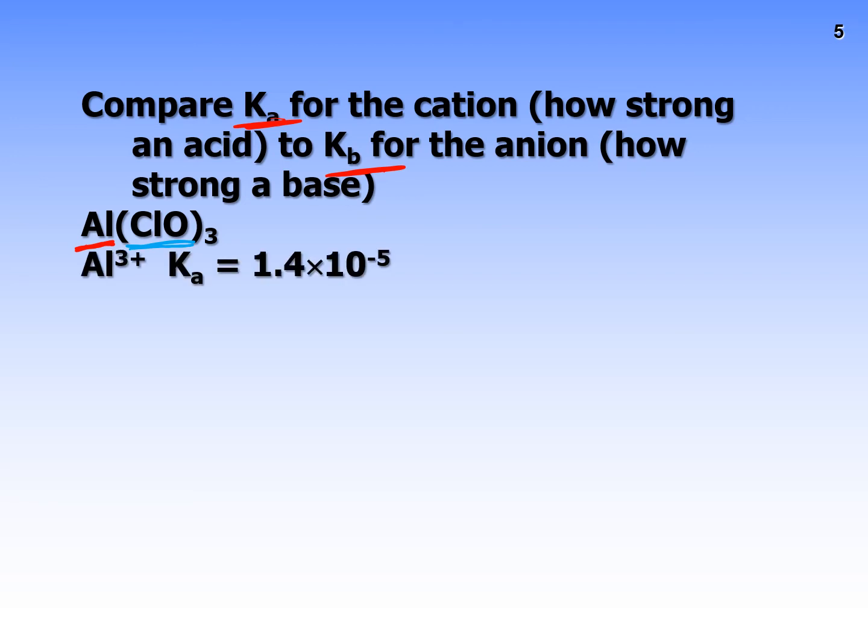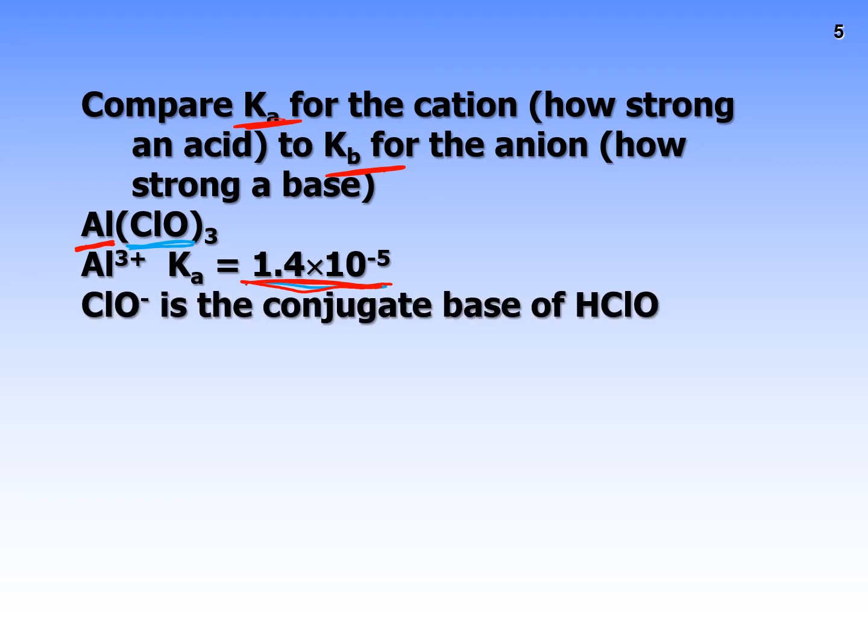So the Ka for aluminum is 1.4 times 10 to the negative 5. And you're not going to find the Kb of ClO minus. What you can find, though, is the Ka for HClO. Now, that's not super helpful right now. We need the Kb of ClO minus, but how could I get that given I have the Ka?